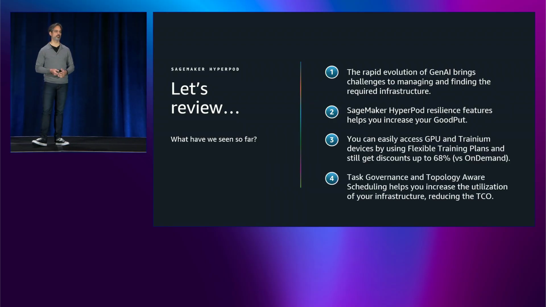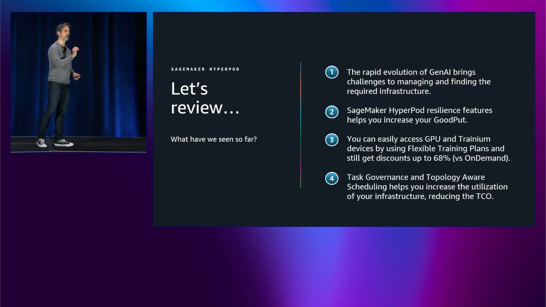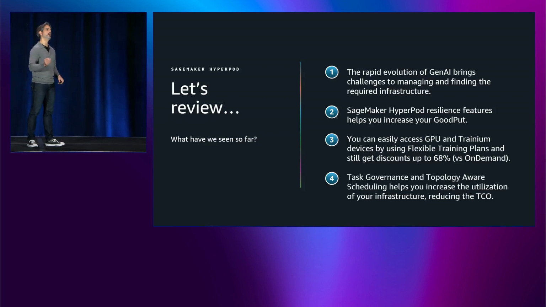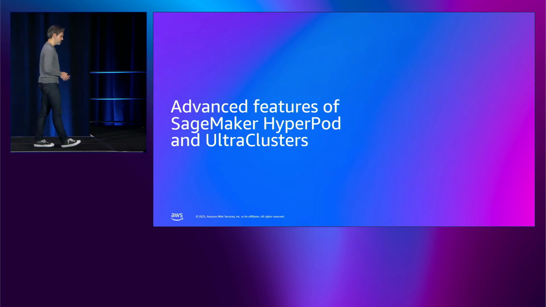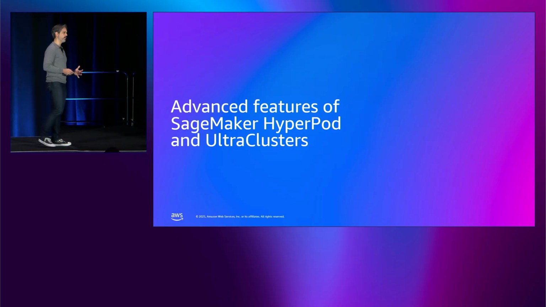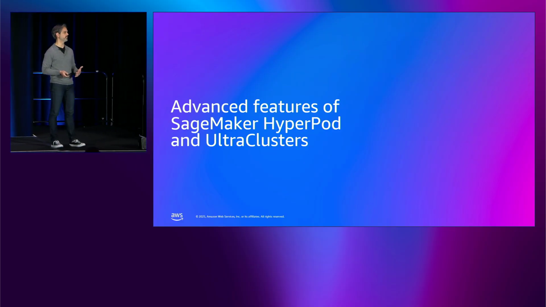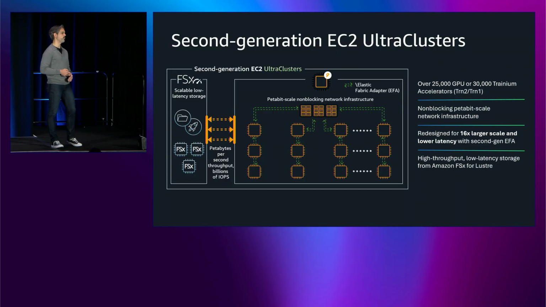And task governance together with topology-aware scheduling will make sure that all of those jobs you're submitting land on the right compute, close to the data and using the fastest network possible. Combining all of those, and thinking about real-world and advanced use cases that require a lot of compute power, let's dive deep into how you can leverage more than one server.